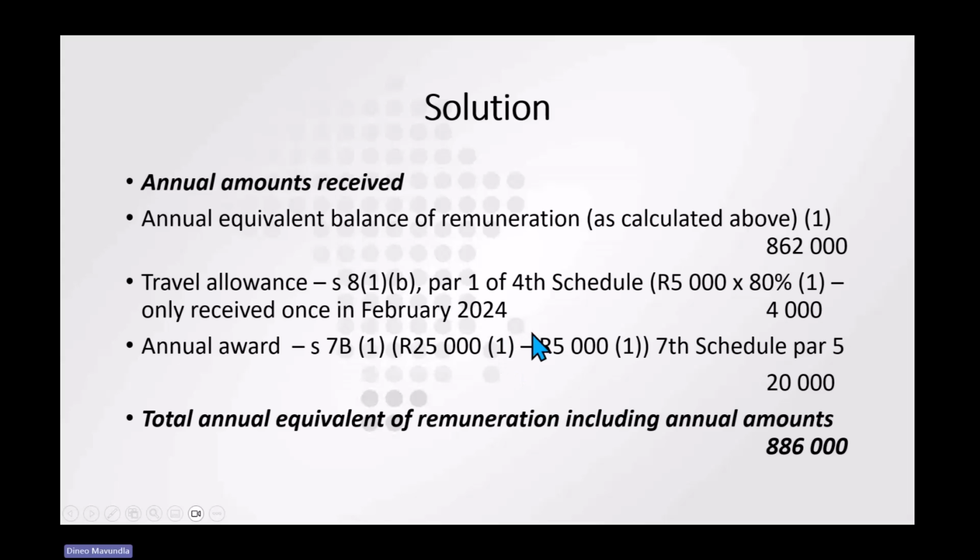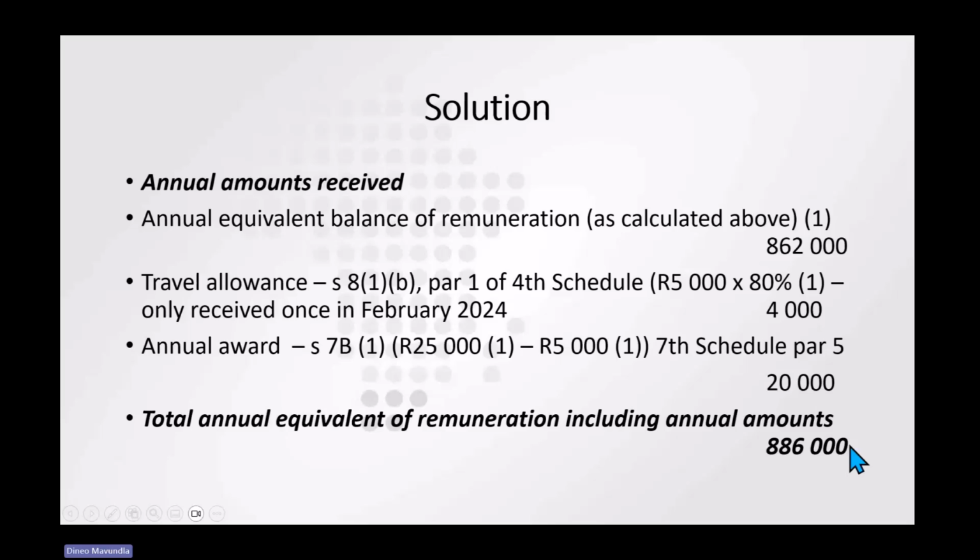That is one mark, and then less our 5,000 Rand because of the long service award, so we go and look at paragraph 5 of the Seventh Schedule, and we include 20,000 Rand in our calculation. So now we have our total annual equivalent of remuneration, including the annual amounts, and that gives us 886,000 Rand. Okay, now we need to work out the tax on this amount, on the 886,000 Rand.